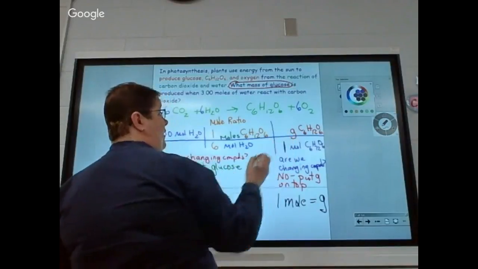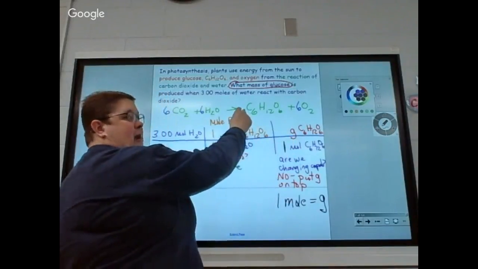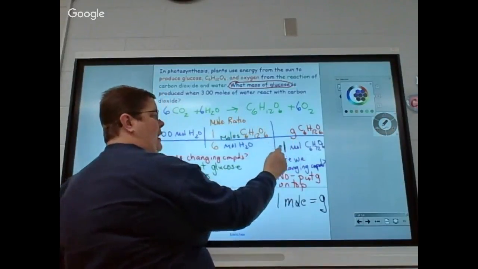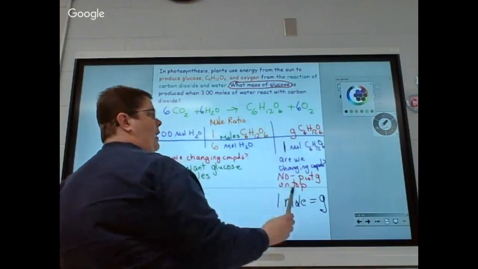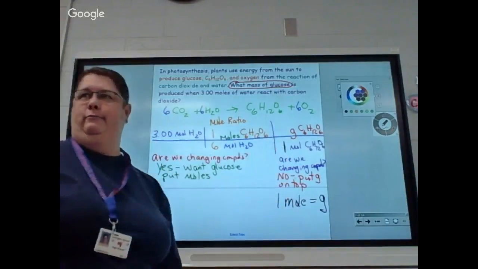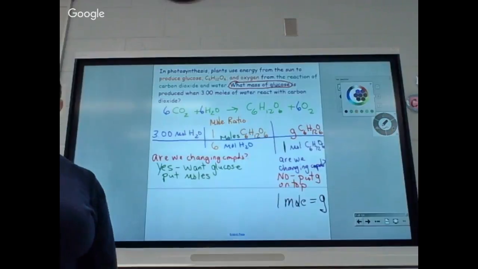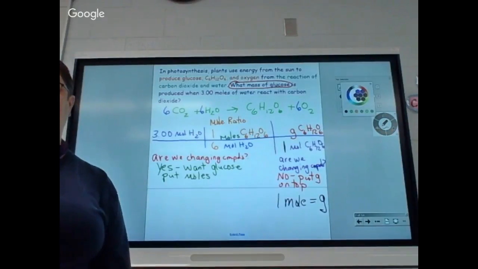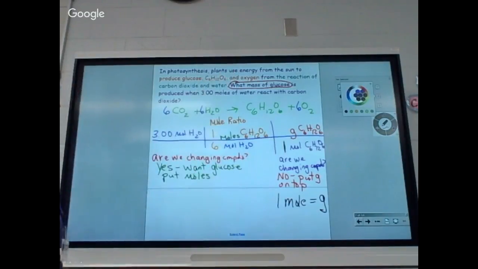So we get a 1 there. I don't care if it says 12 right here as a coefficient. It still gets a what? A 1. What goes there for mass? What do we always put beside a gram? Molar mass. Very good, Tomas.